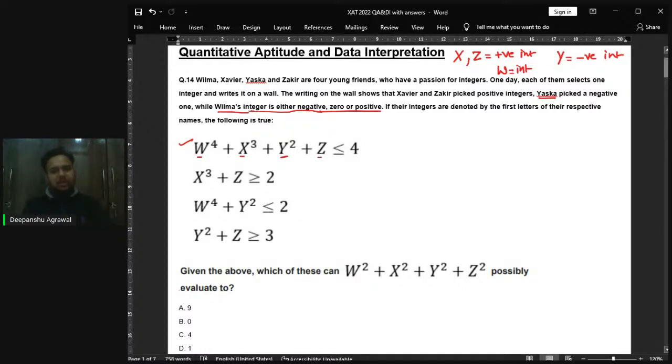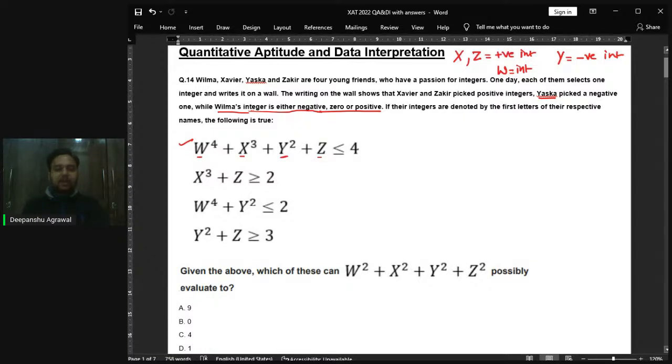Now there's a lot of hint that has been given in this inequation. So W to the power 4 plus X cube plus Y square plus Z should be less than equal to 4, right? So the maximum value of the sum of these four can be 4.